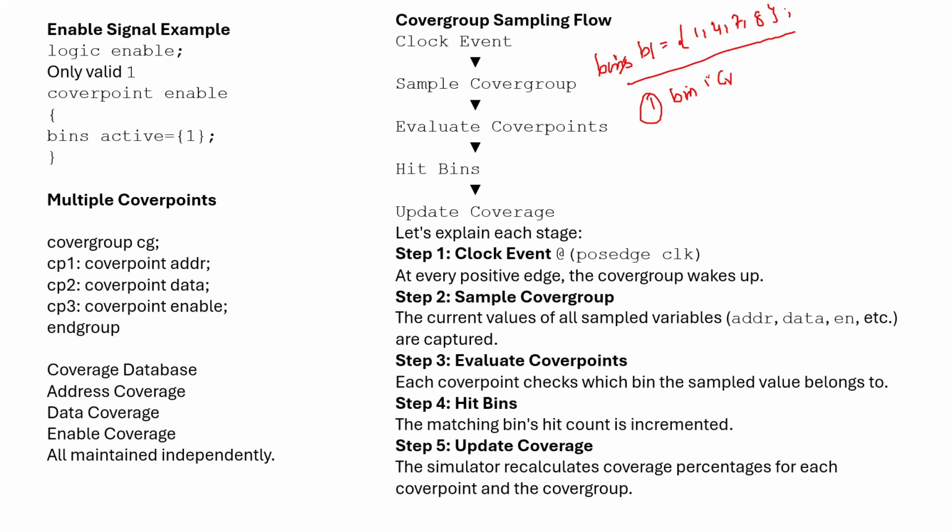In that, if any one value is hit, among 1 comma 4 comma 7 comma 8, say 4 is hit, then this B1 is covered. Any one value hit means, okay, no problem.